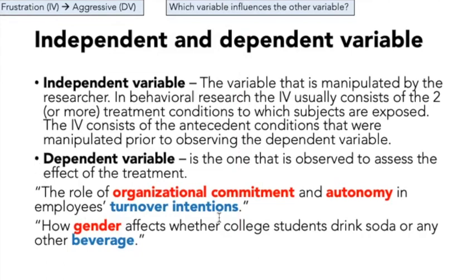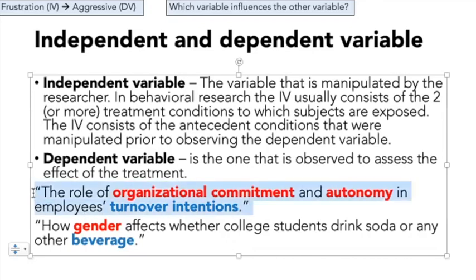Now let's go through this example here. It says the role of organizational commitment and autonomy in employee turnover intentions. What does this say? Turnover intentions means desire to leave the organization. Commitment, of course, we understand what commitment is. Autonomy means being able to work without getting too much instructed on what needs to be done on a daily basis.